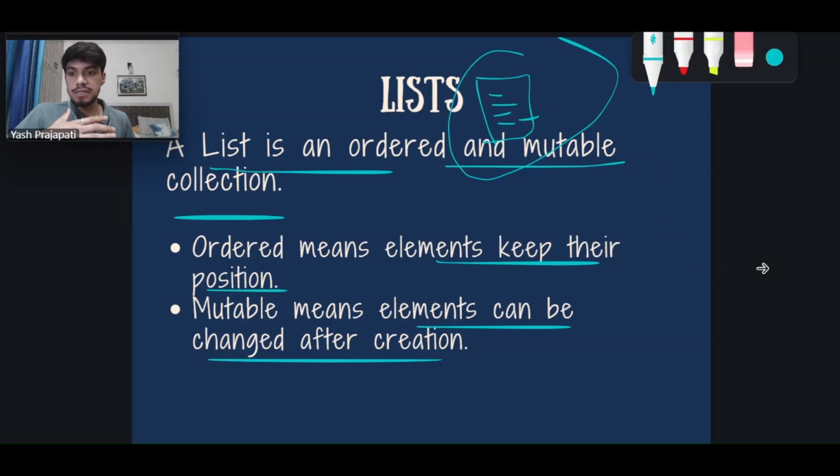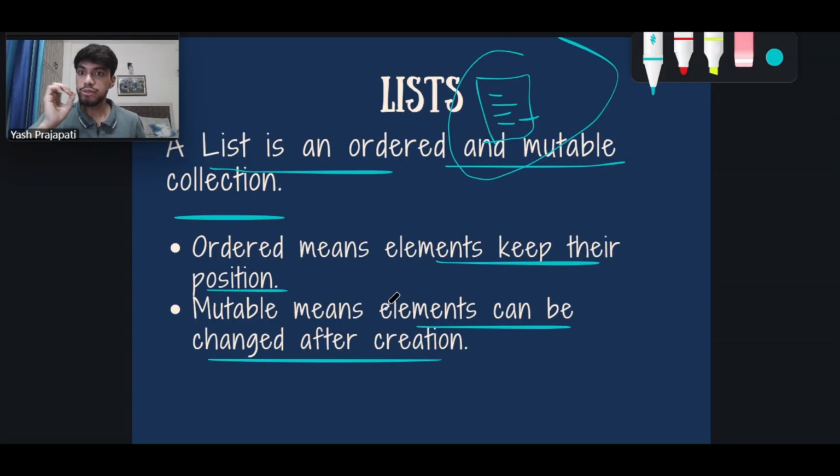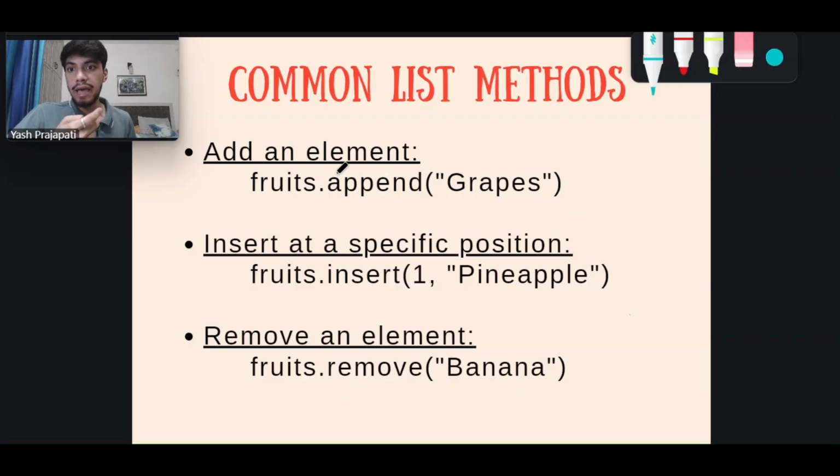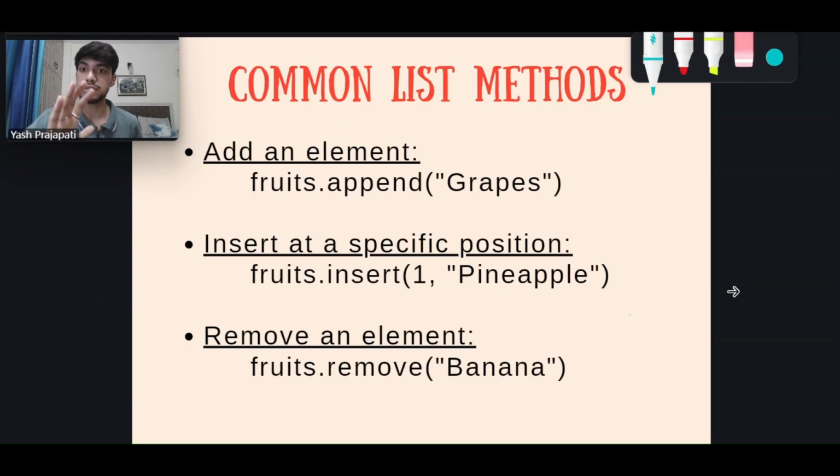Now there are some common list methods. First is adding an element. As I told you, a list is mutable, so we can change it. The append method is used to add an element. For example, we have a list of fruits named fruit.